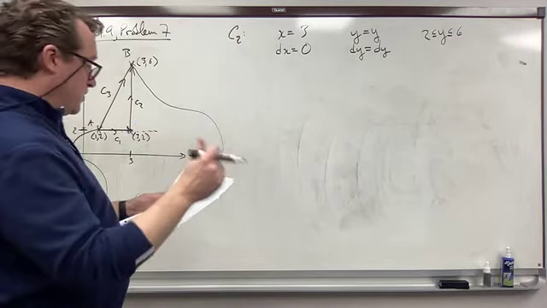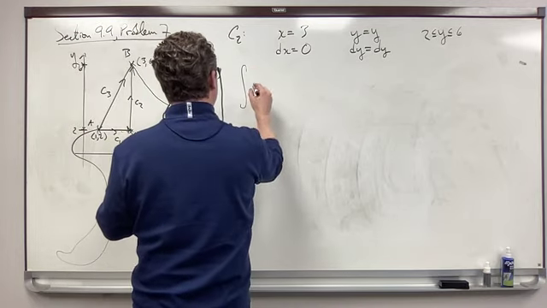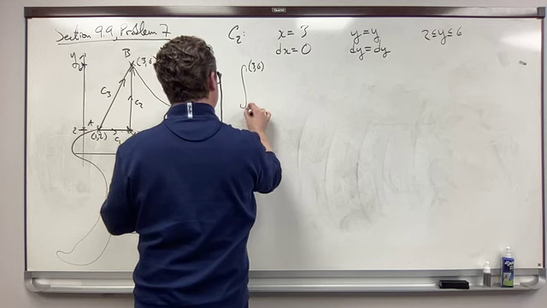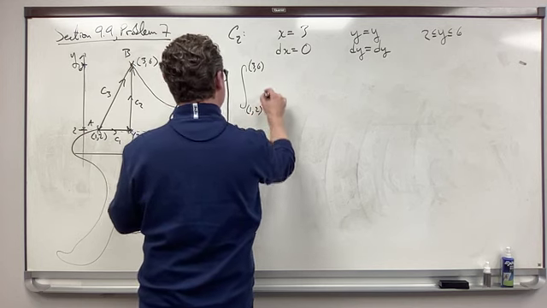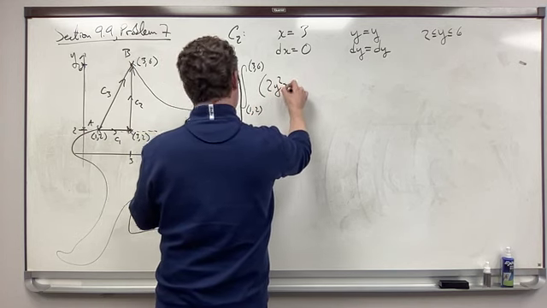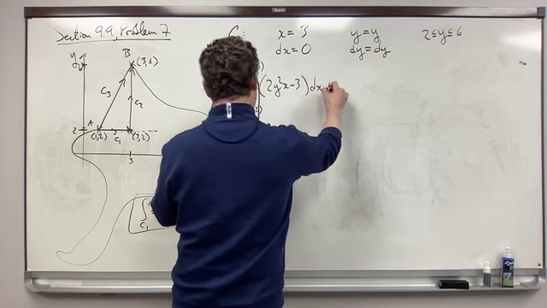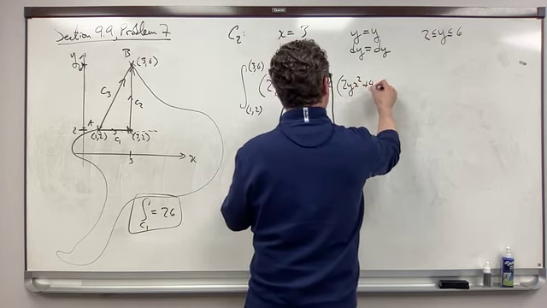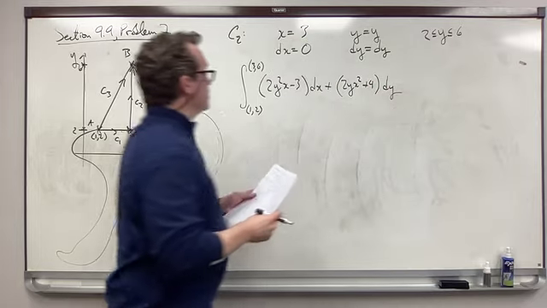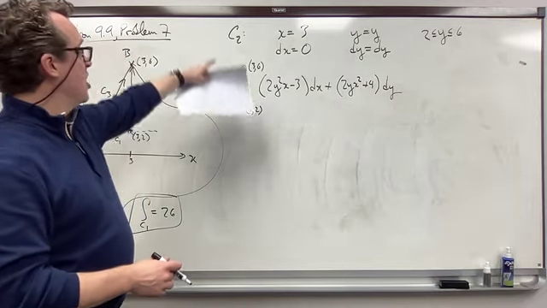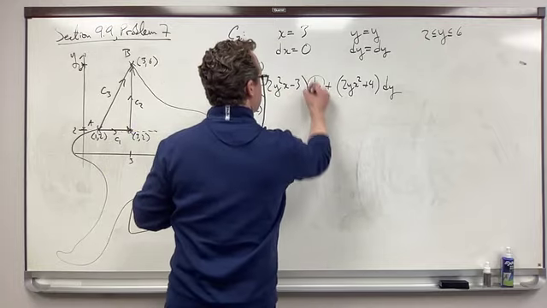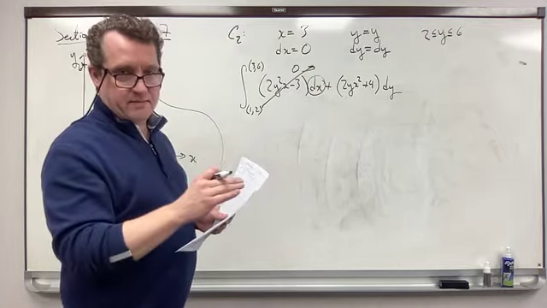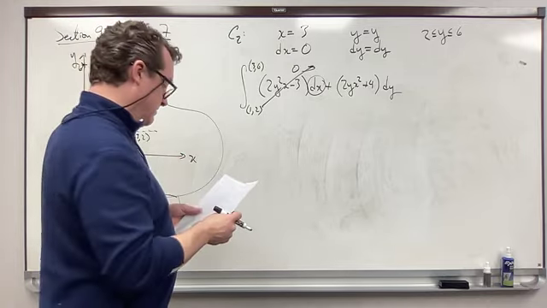So now, the first term in my integral, 2y squared x minus 3 dx, plus 2yx squared plus 4 dy. You don't have to keep rewriting this, I just shouldn't have erased it. So now, when I do this along C2, this first term will be 0. This is why we like to do the two straight line paths, because half the integral dies each time you do it.